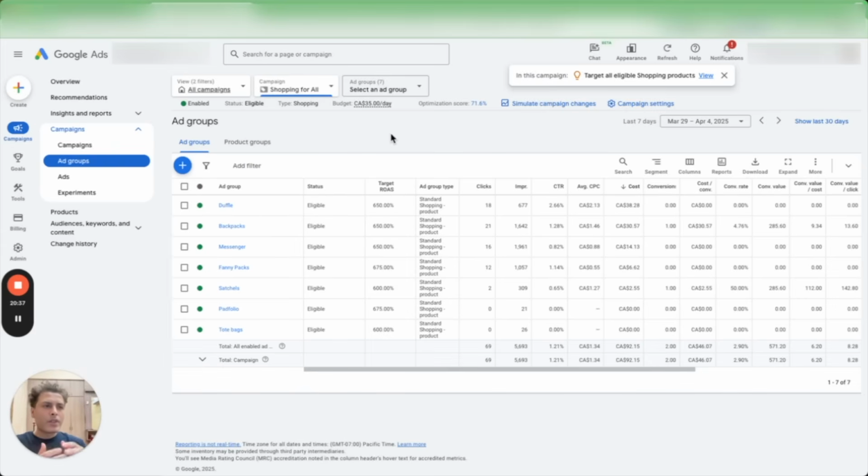In terms of search terms for each ad group, you just need to click onto that and go to the search term report. I don't want to open it right now because I want to protect the brand identity.